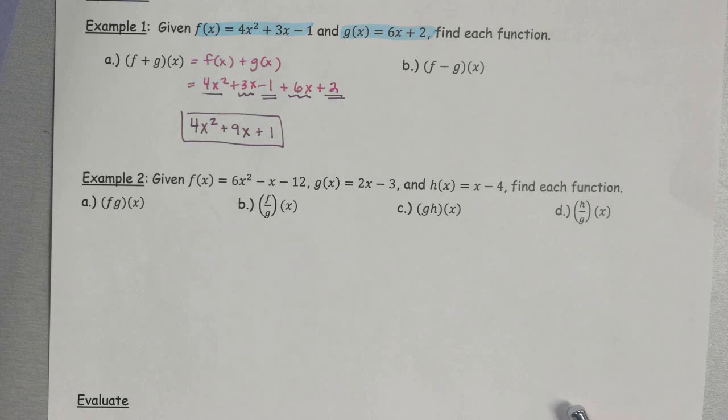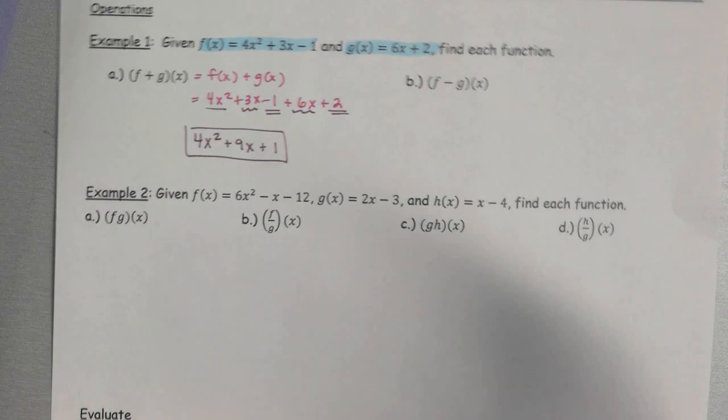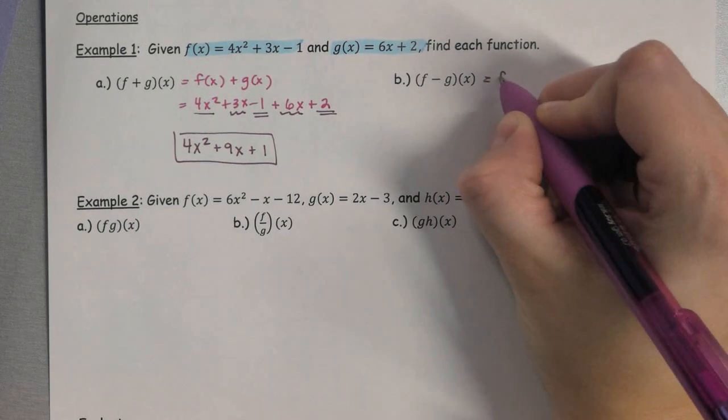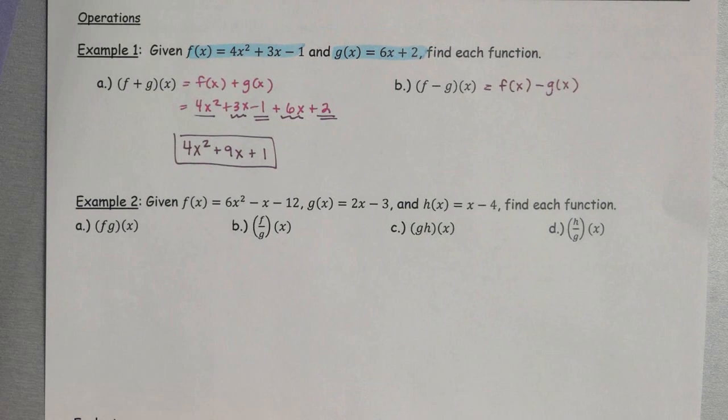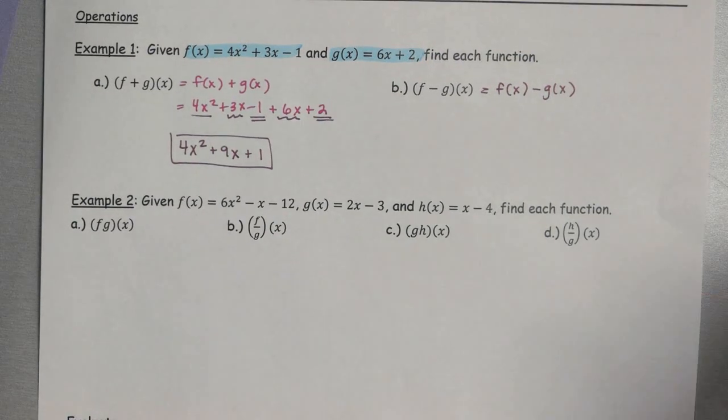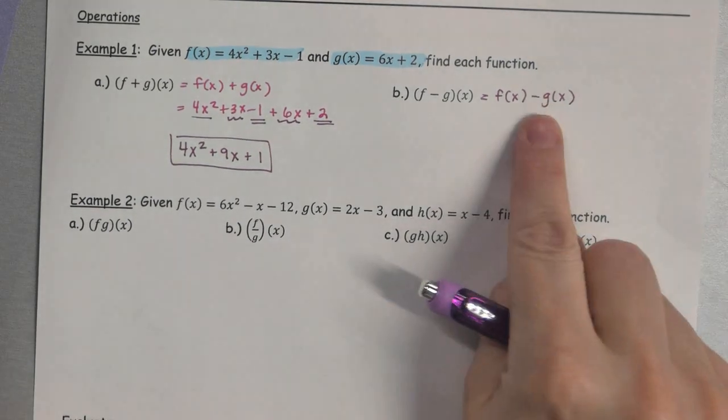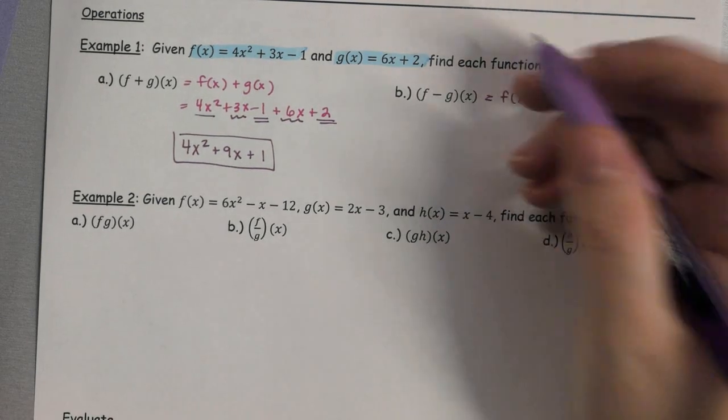Okay, what do we have to be careful of when we're subtracting? What do we have to be careful of? You're subtracting. Yep, you have to distribute the negative to everything behind it.